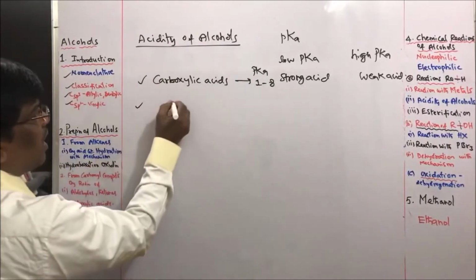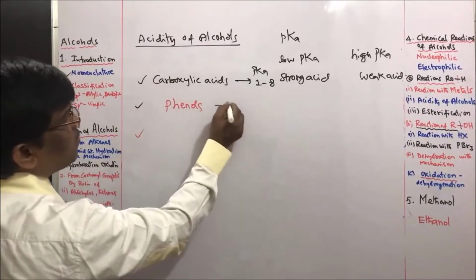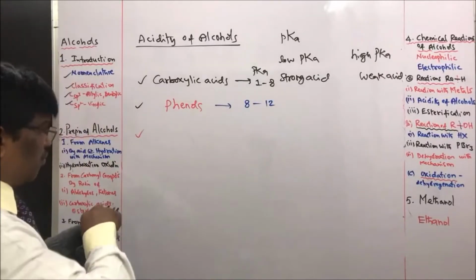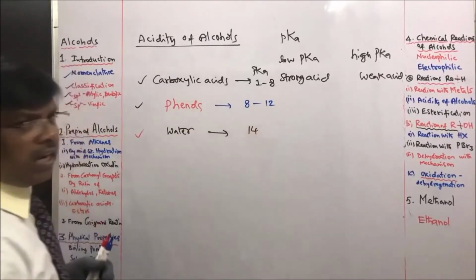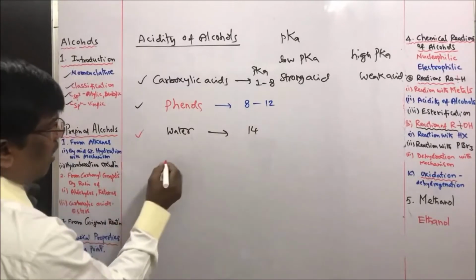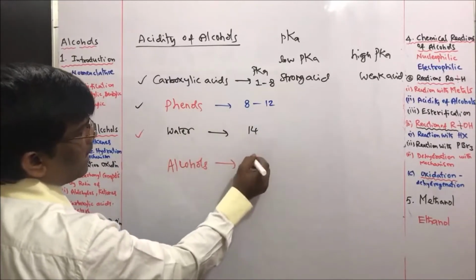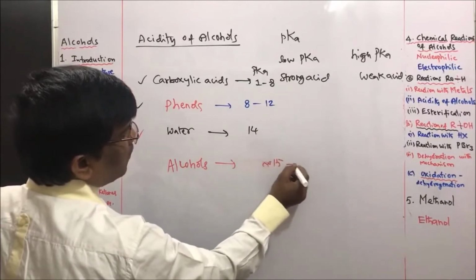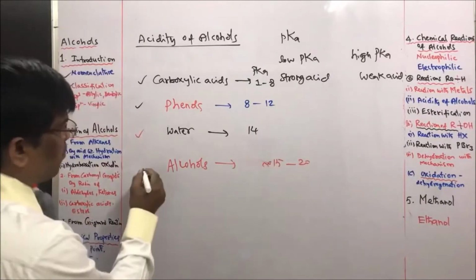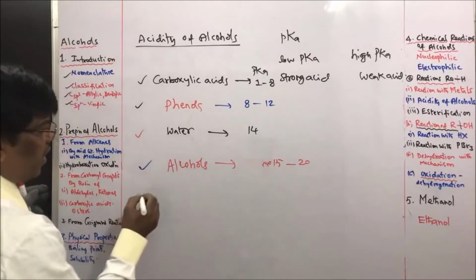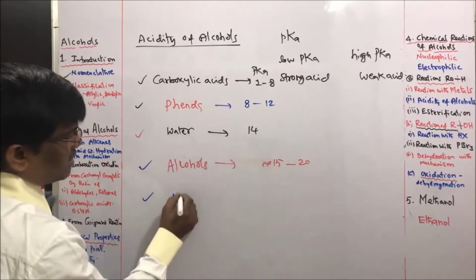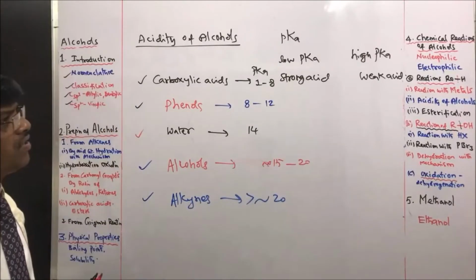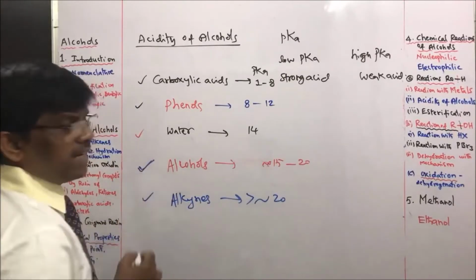Phenols are also acidic compounds, with pKa value about 8 to 12. The pKa value of water is 14, and the alcohols' pKa is just above 14, usually 15 to 20. Another important class of compounds which act as acids are alkynes, and their pKa is above 20.